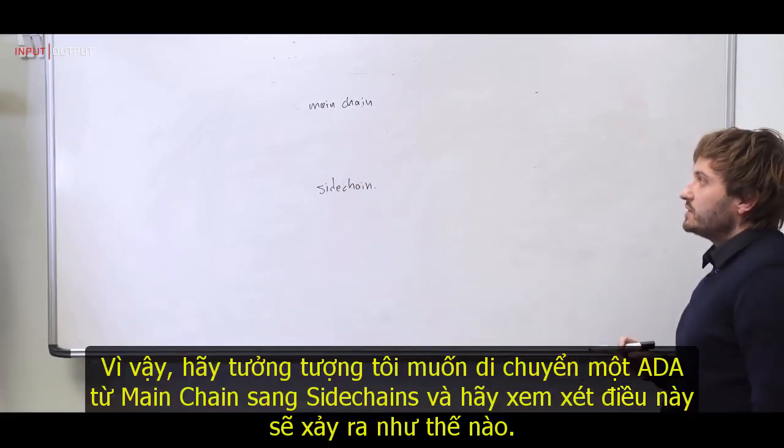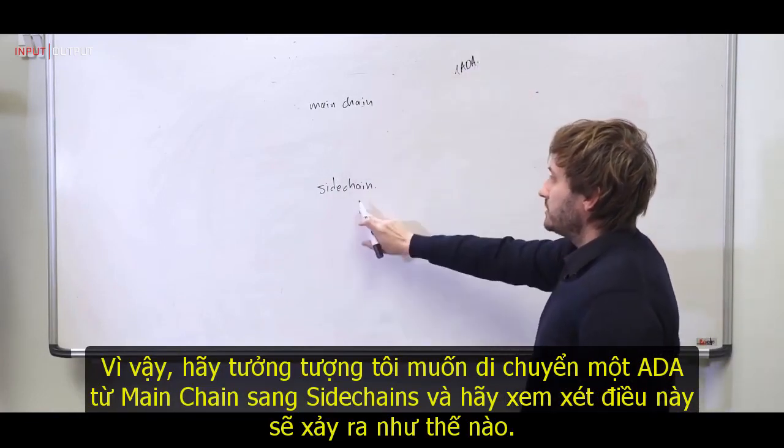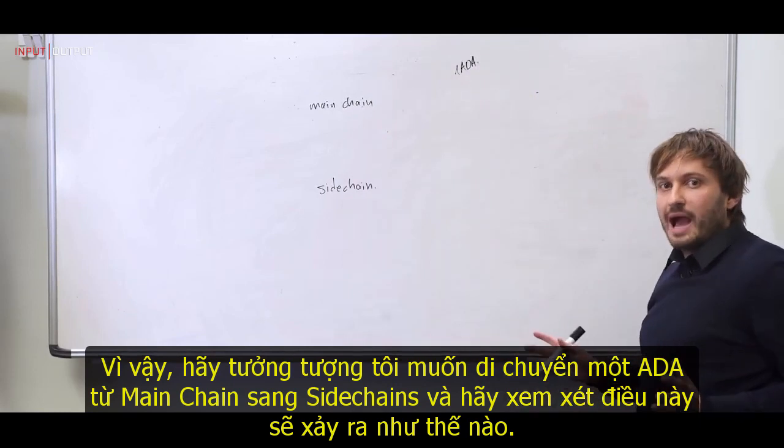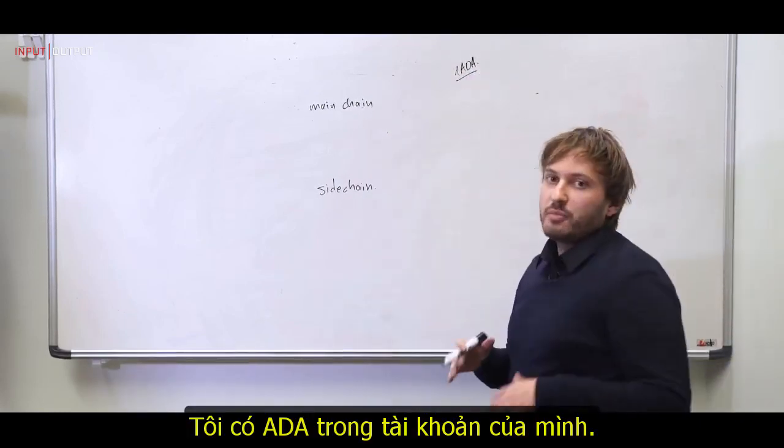So let's imagine I want to move one ADA from the main chain to the side chain, and let's go over how this will happen. I have this ADA in one of my accounts.